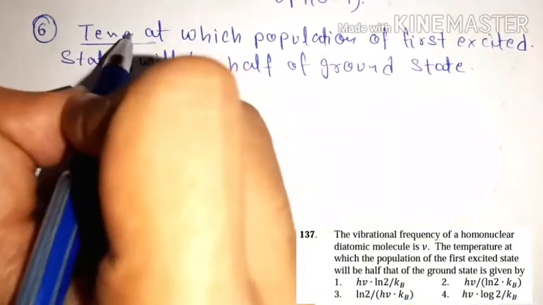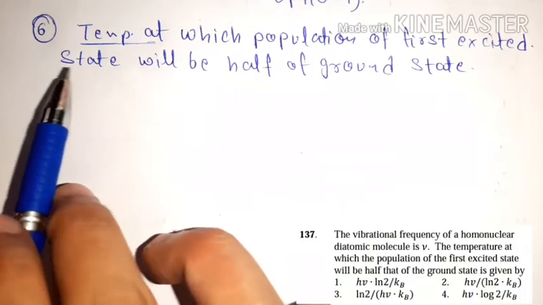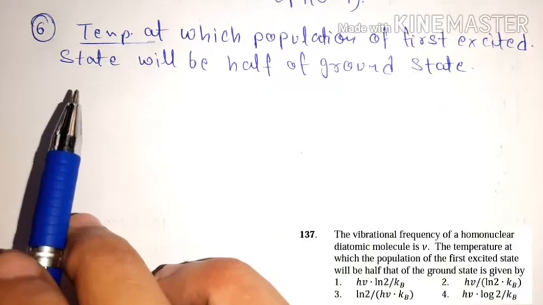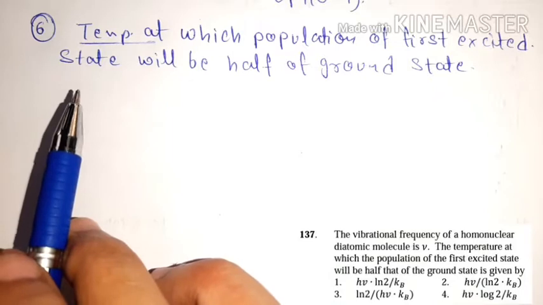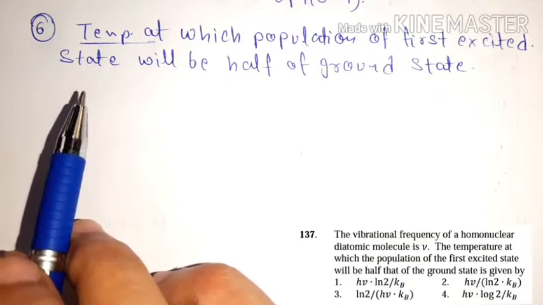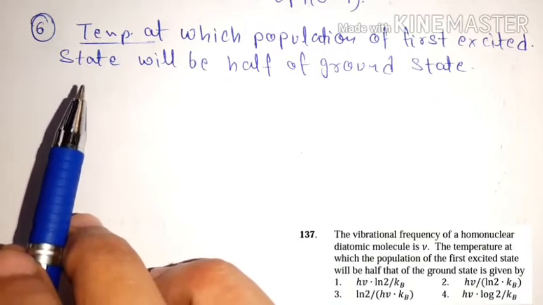You must find the temperature, and for concluding the temperature, we must use the Boltzmann distribution law for relative population of states. So what is the Boltzmann distribution law?